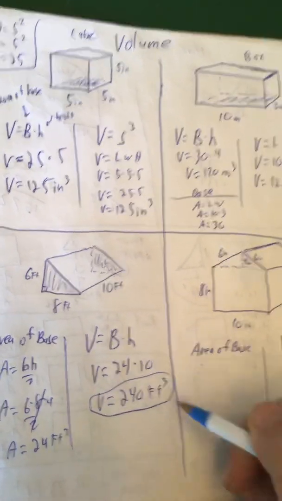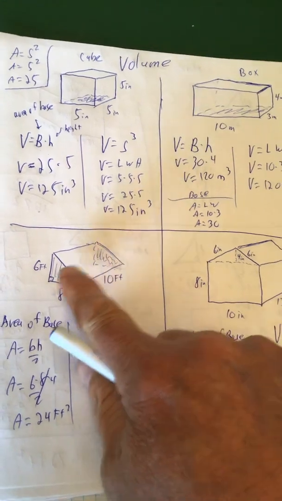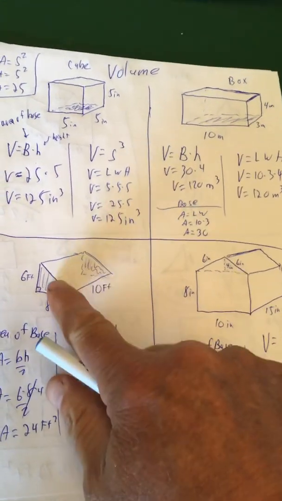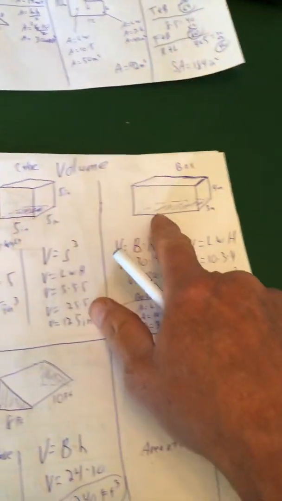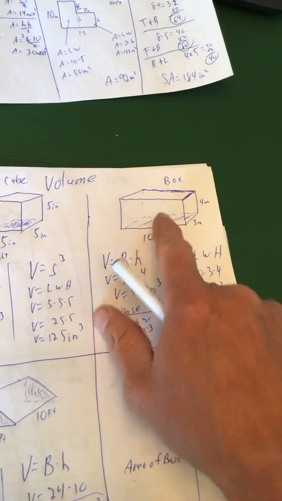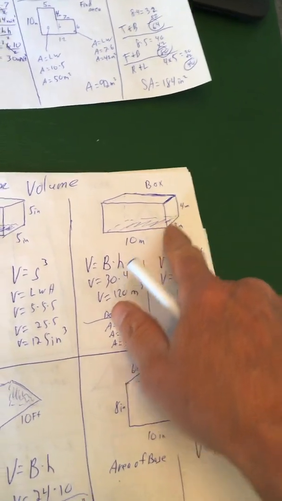And volume, it's always cubed. So area of the base times height. Height is the distance between your two parallel and congruent figures, all right? Like here, the bottom is the same as the top. You could have said this was your base, the 12, it'd be 12 times 10, and it'd still work out.